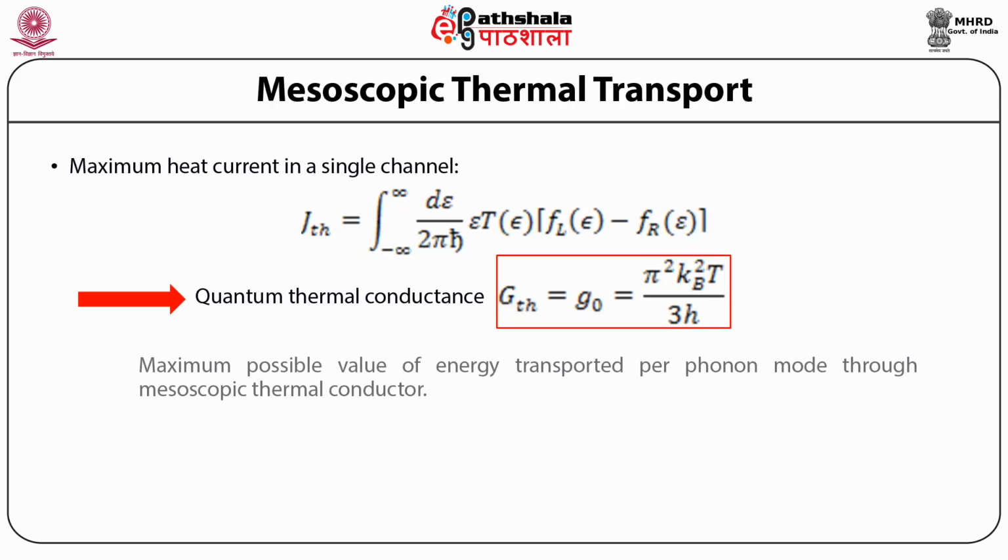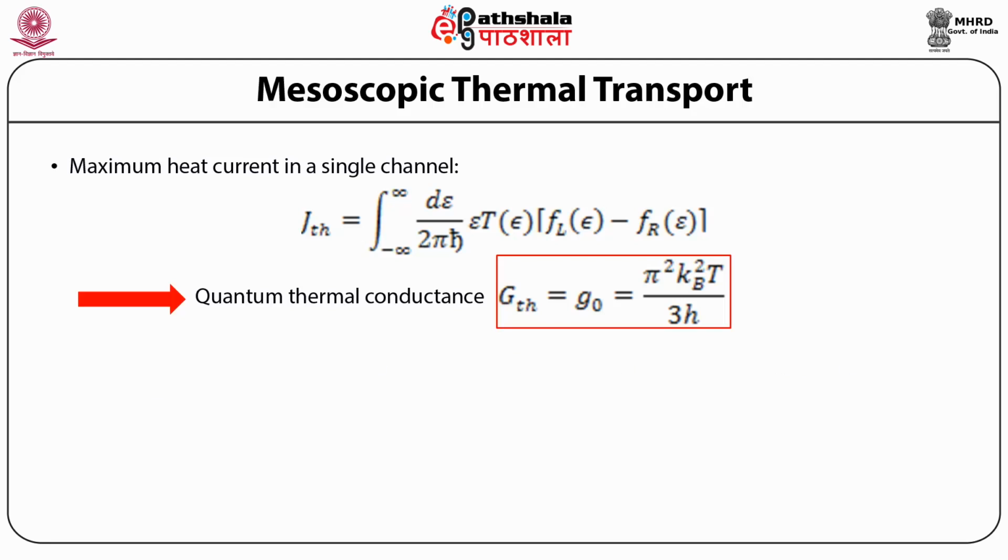This is the maximum possible value of the energy transported per phonon mode through a mesoscopic thermal conductor. It is also an amazing result that the quantum thermal conductance does not depend on the statistics.